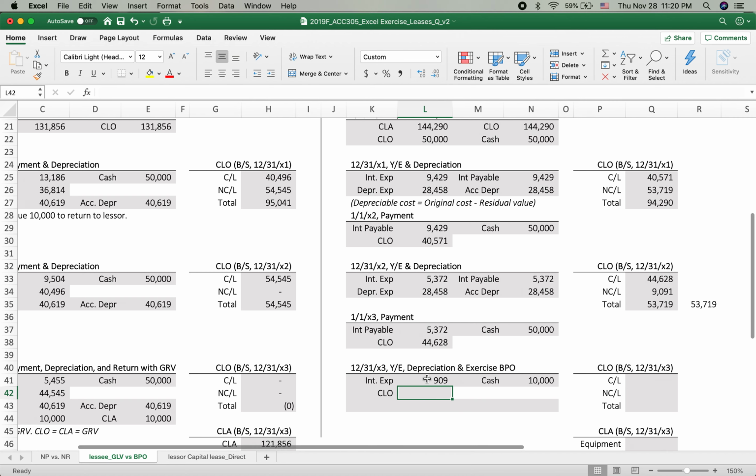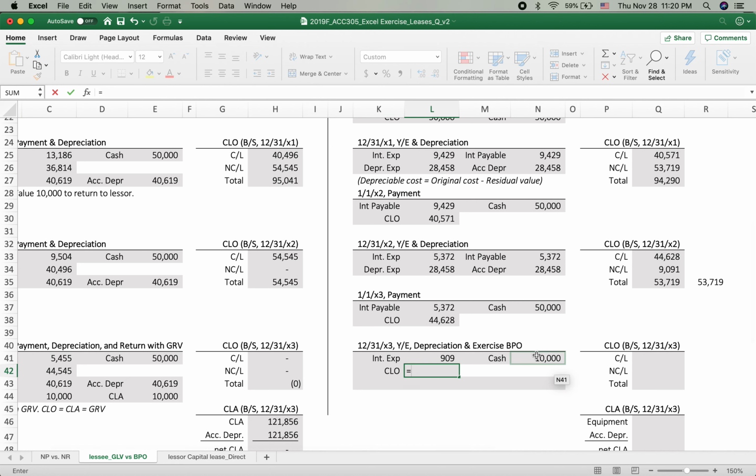Then 909. And then what is the capital lease obligation? Okay, 9,091. Oh, I remember this number. Where was it? Okay, this amount should be the same, right? At the end of the day, the total amount of this capital lease obligation should be 0 when we get rid of this amount, right?